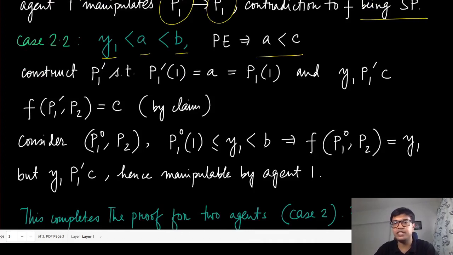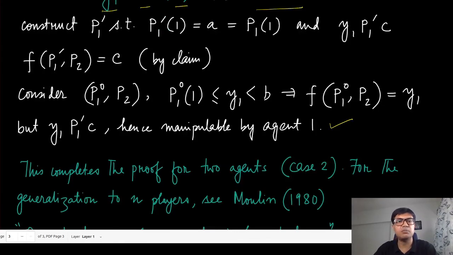All the steps are done here, but you just have to understand them appropriately. There also you will have a contradiction to strategy proofness, and essentially you can conclude that the outcome in both these cases has to be the median, which is the agent peak. This completes the proof of case 2 for 2 agents.